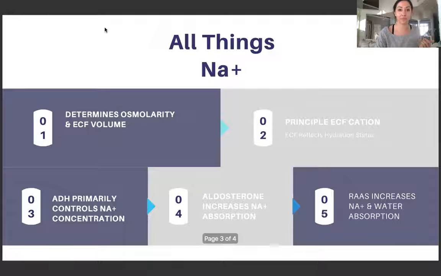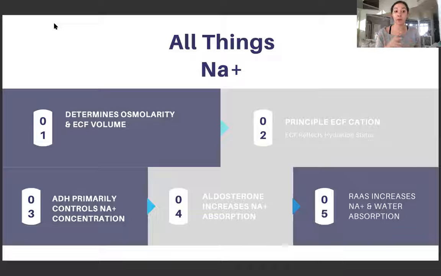Don't make this hard. We can't talk about osmolarity without talking about sodium, because sodium determines the osmolarity of our plasma, and it is the principal ECF cation. So it's the principal cation in our extracellular fluid, and it reflects our hydration status. I threw a couple other things in there.